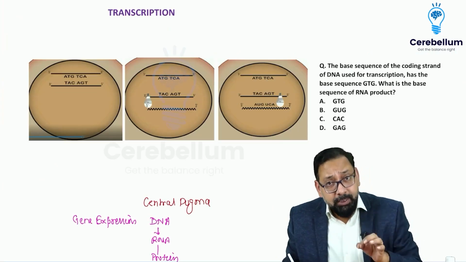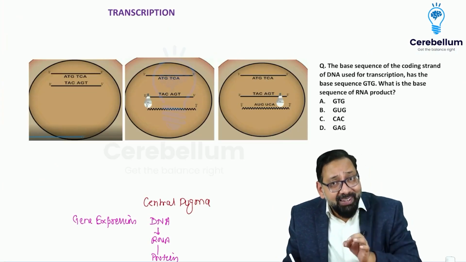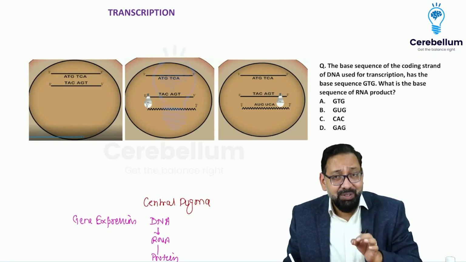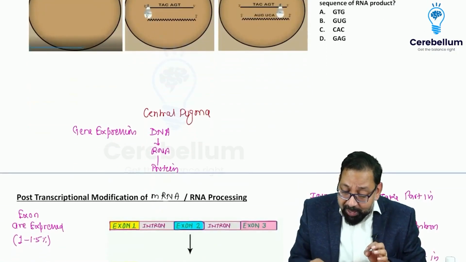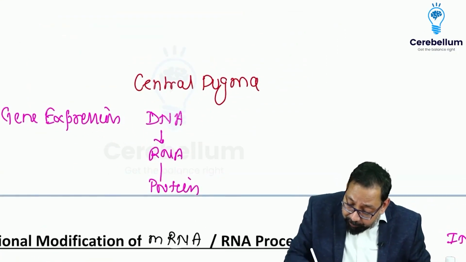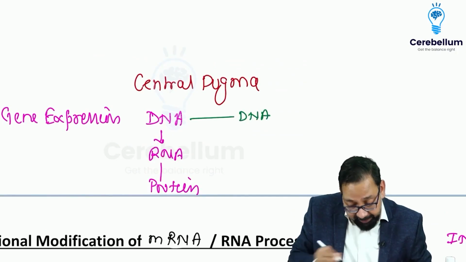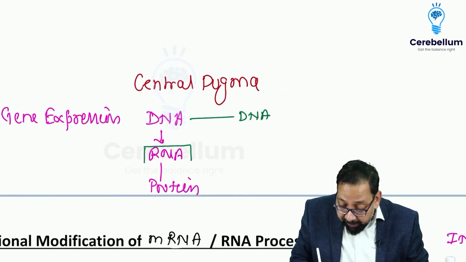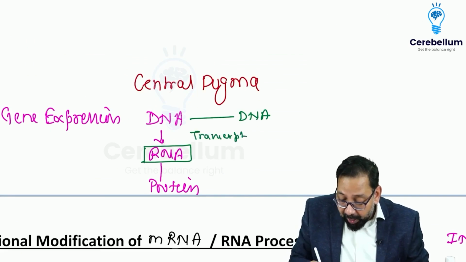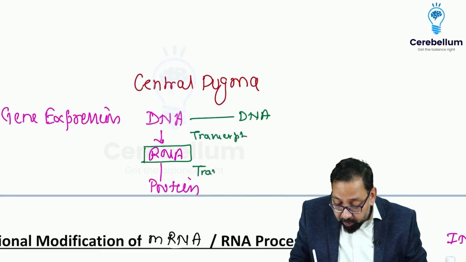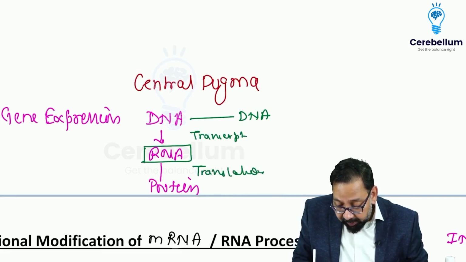Now we start transcription. DNA to RNA synthesis is called transcription. We know central dogma. DNA is converted to DNA, that is DNA replication. DNA to RNA synthesis is called transcription. RNA to protein synthesis is called translation.